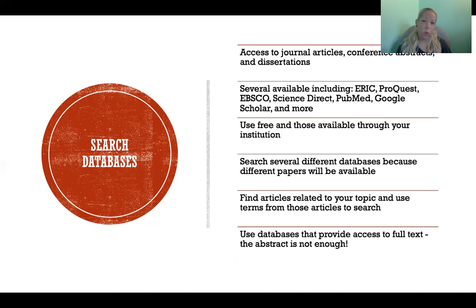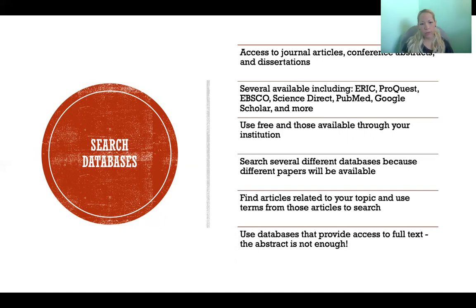So you can't just go to one and think that that's an exhaustive search of what's out there, because there might be things in PubMed that are not found through Google Scholar and vice versa. And especially if you have paid subscriptions through your institution, then you'll find even more searching that way. So make sure that you're trying multiple databases so that you're really finding the available literature in your area of study.